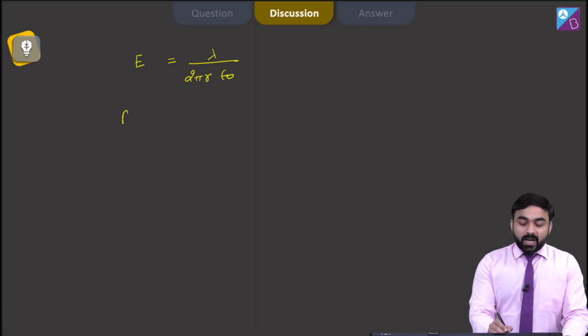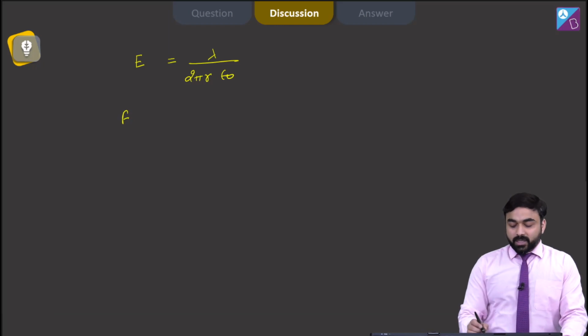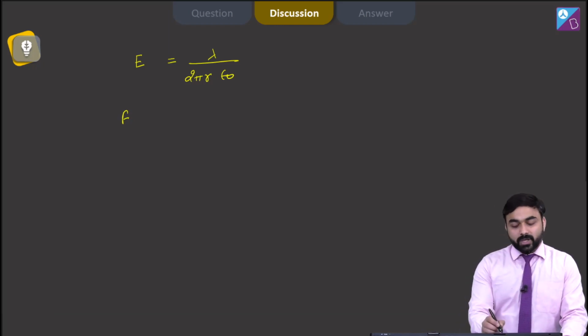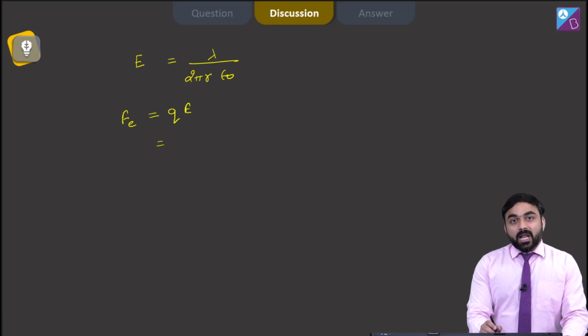And to calculate the electrostatic force, which is equal to the centripetal force, because here the electrostatic force is providing the necessary centripetal force, the electrostatic force will be equal to Q into E, and the charge on an alpha particle is 2e, and the value of E is lambda over 2 pi R epsilon naught.